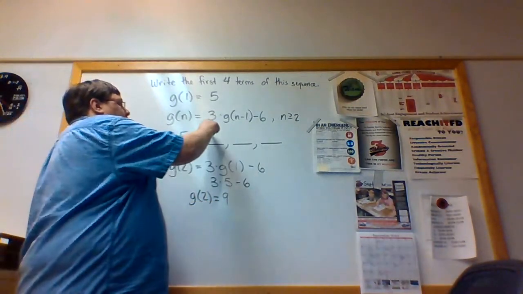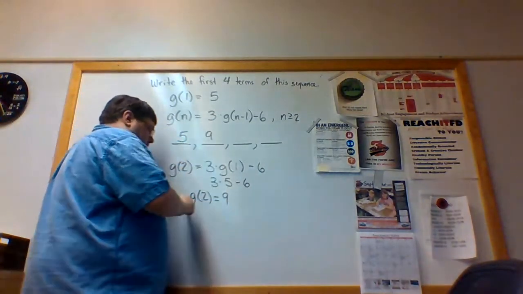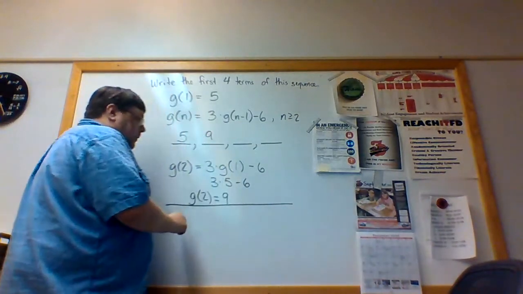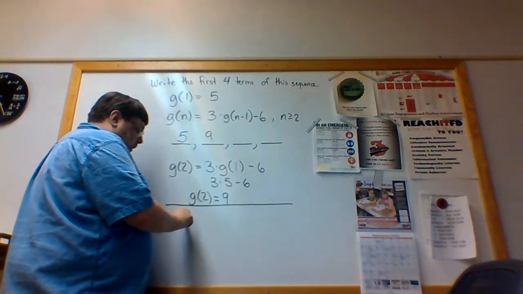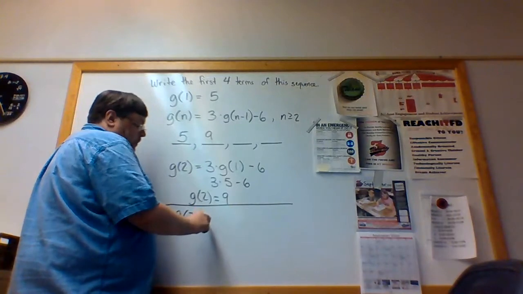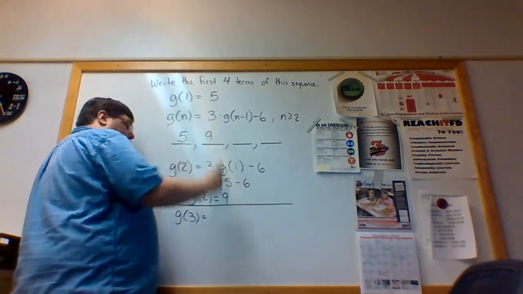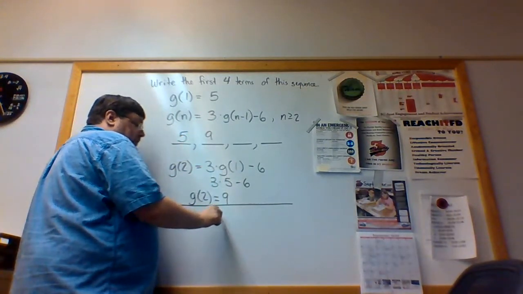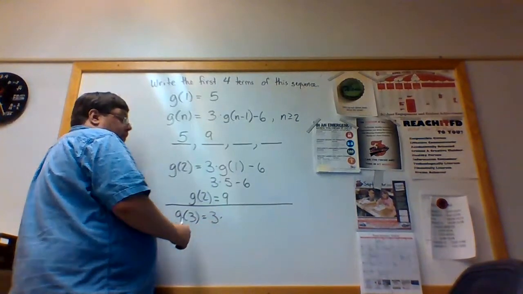Now I'm going to go on to get the third term. So I look for g of 3 equals 3 times the previous term.